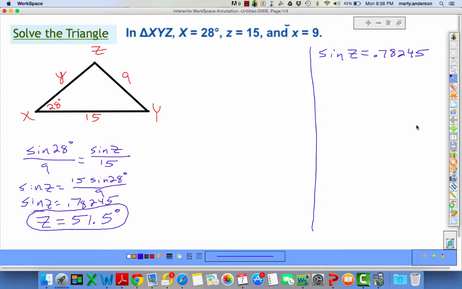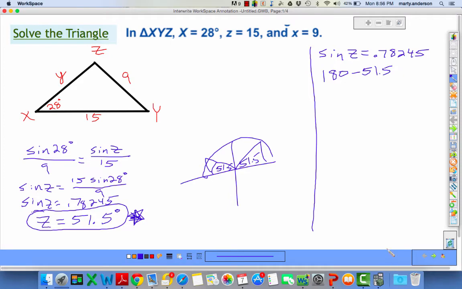So let's go back to our thing over here. If I have 51.5 degrees in quadrant 1, which would be like here, 51.5, I could have the corresponding 51.5 over there. So what you do to check to see if there's a second triangle is take this value right here and do 180 minus it. 180, because here's my 180, minus that 51.5.